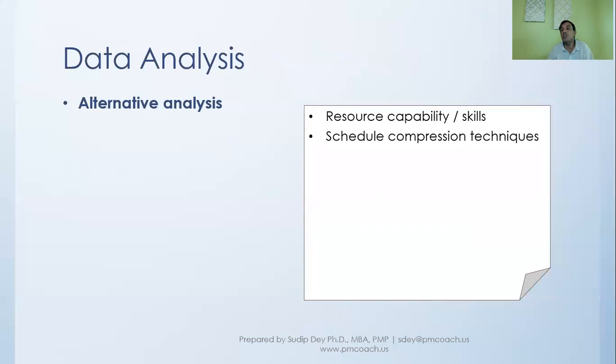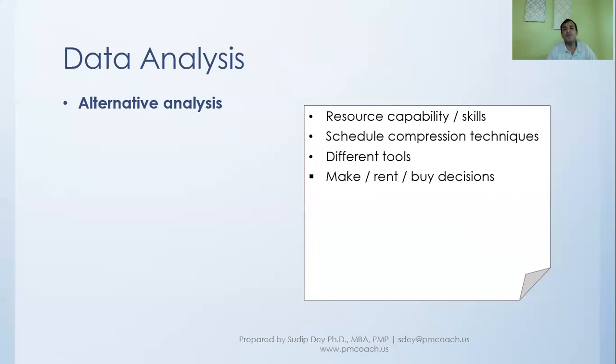So in that case, you have to go about compressing your schedule, and there are different techniques that we can use to compress the schedule, and we have to determine which is the best option here, because both have their pros and cons. Then there can be different tools that you want to use, and you want to assess which tool will be better for you in this project.